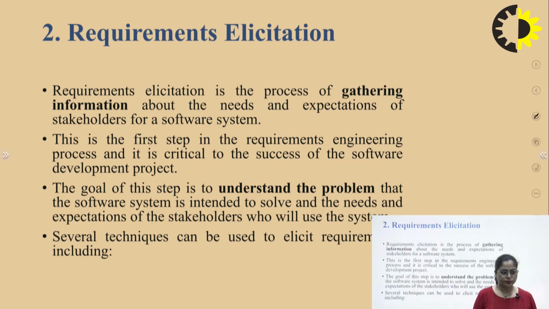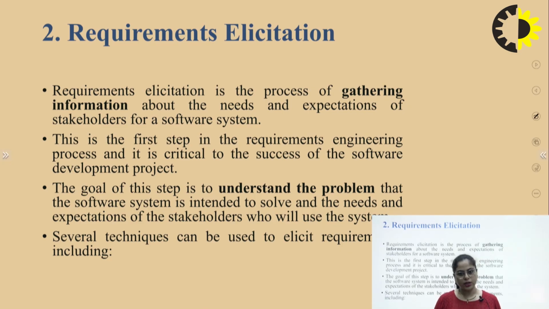So, here we see the various types of feasibility: cost feasibility, schedule feasibility, operational feasibility, technical feasibility, and legal feasibility. Okay, after that the requirement elicitation. Now, what is requirement elicitation? Requirement elicitation is the term used for gathering the requirements.